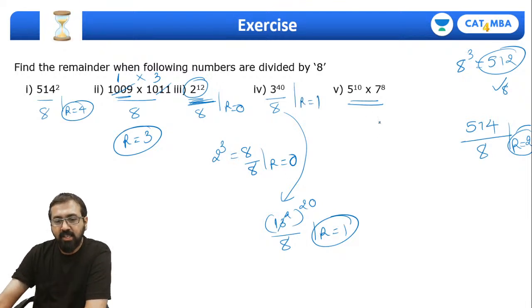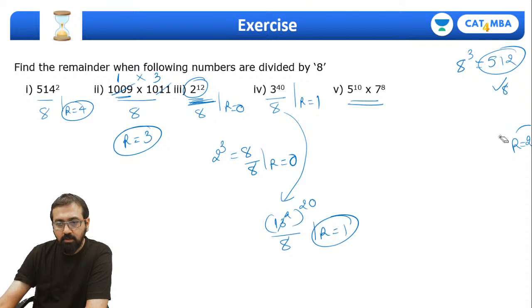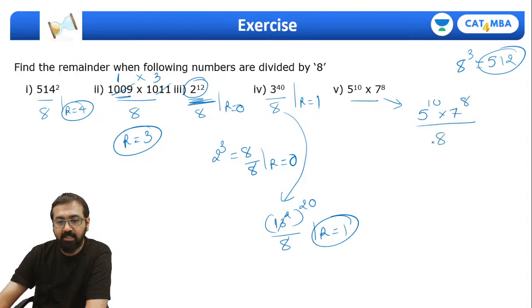Okay, same way. Now this one is going to be slightly tricky, everyone. Let's try this question. Let me just write it over here: 5 raised to 10 into 7 raised to 8 divided by 8.